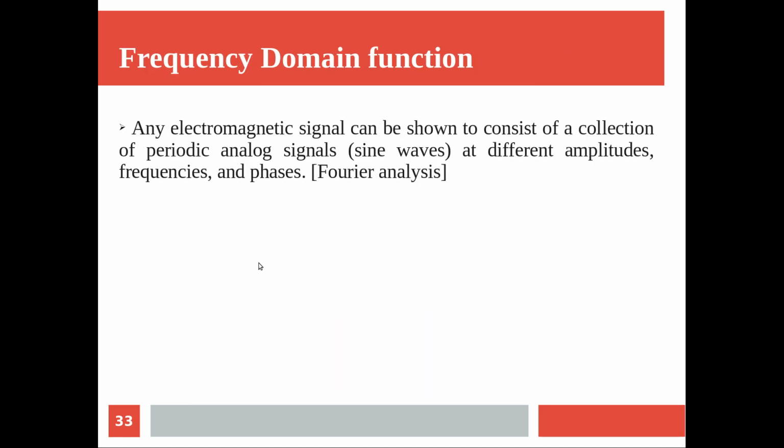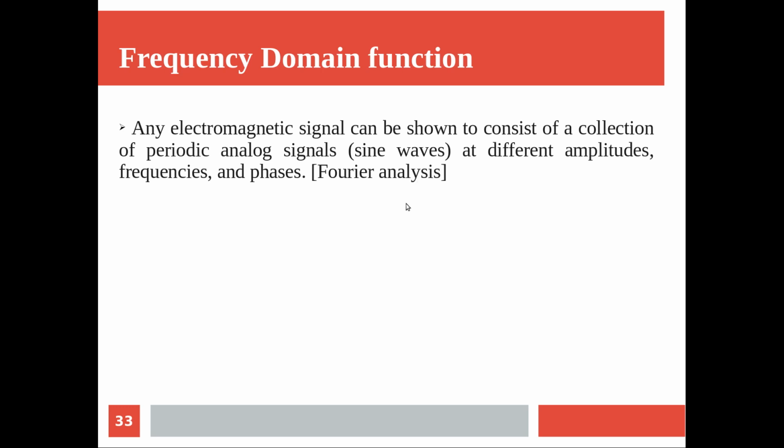Okay, now the frequency domain function. What we observed here is, just like the previous example, any electromagnetic signal can be shown to consist of a collection of periodic analog signals, in most cases sine waves at different amplitudes, frequencies and phases of course.